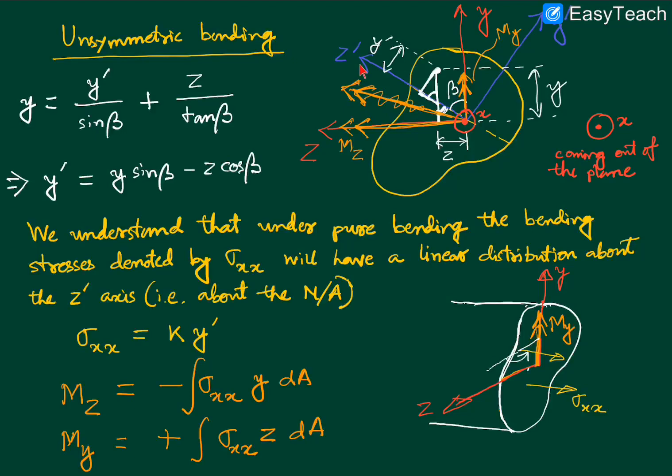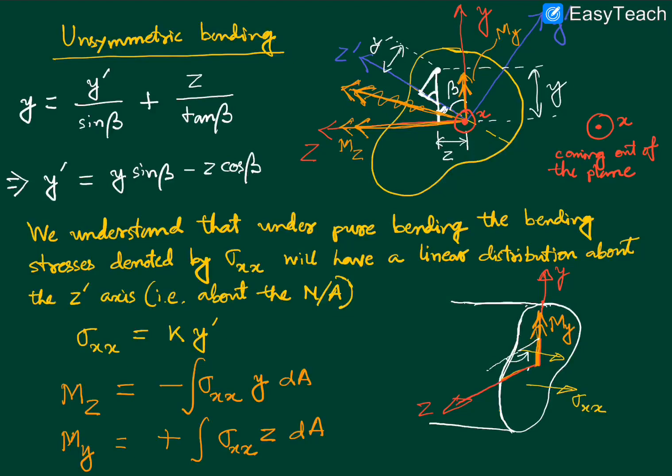This beta denoted the angle that the z dash axis was making with the y axis, but we had chosen the z dash axis to coincide with the neutral axis. Therefore, the beta is the angle that the neutral axis is making with our coordinate axis y. I repeat, beta is nothing but the angle that the neutral axis is making with our y.